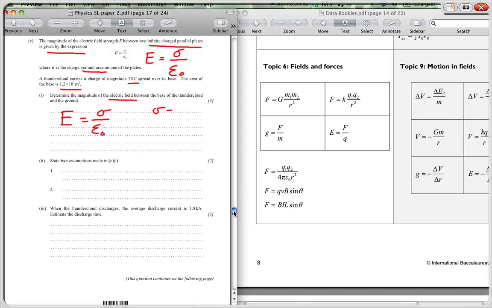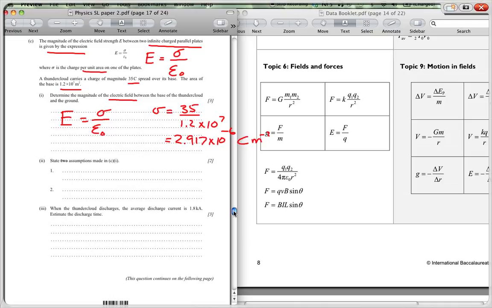So sigma would be our charge, which is 35 divided by 1.2 times 10 to the 7. From that we would get a value of about 2.917 times 10 to the negative 6, and that would be coulombs meters to the minus 2.